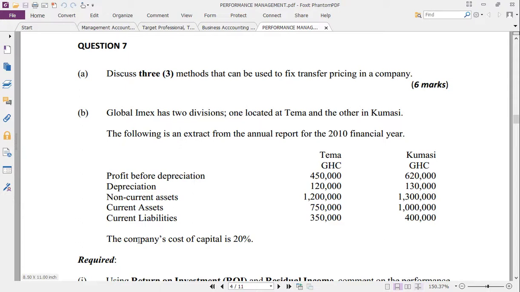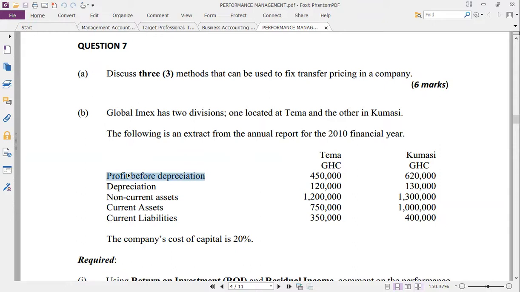Global Emacs has two divisions, one located at Tema and other is Kumasi. The following extract is from the annual report for 2010 financial year. Profit before depreciation. I like the question. This profit is before what? Depreciation.